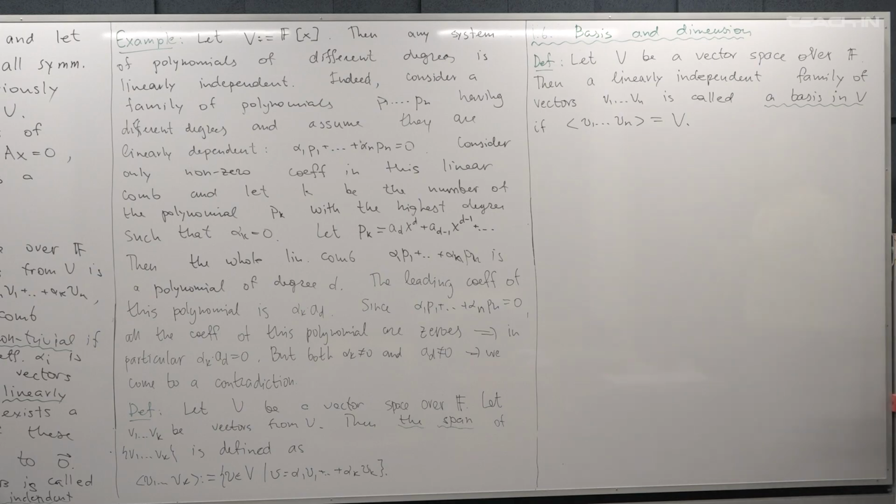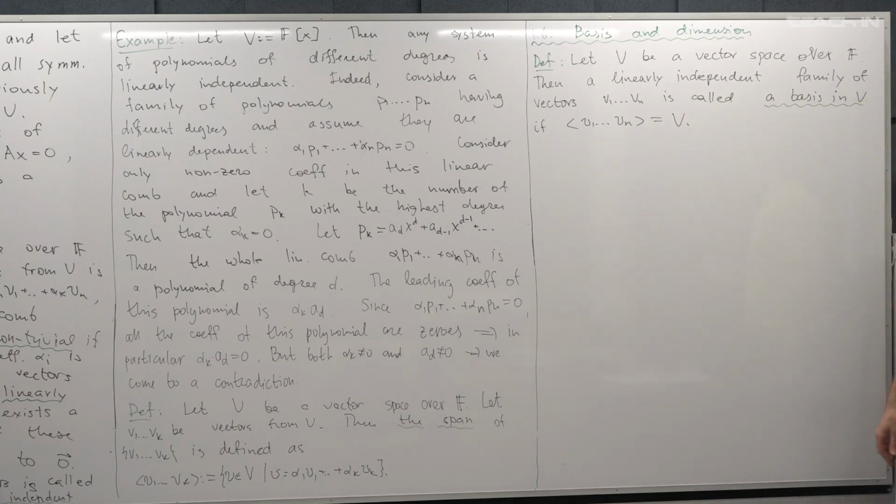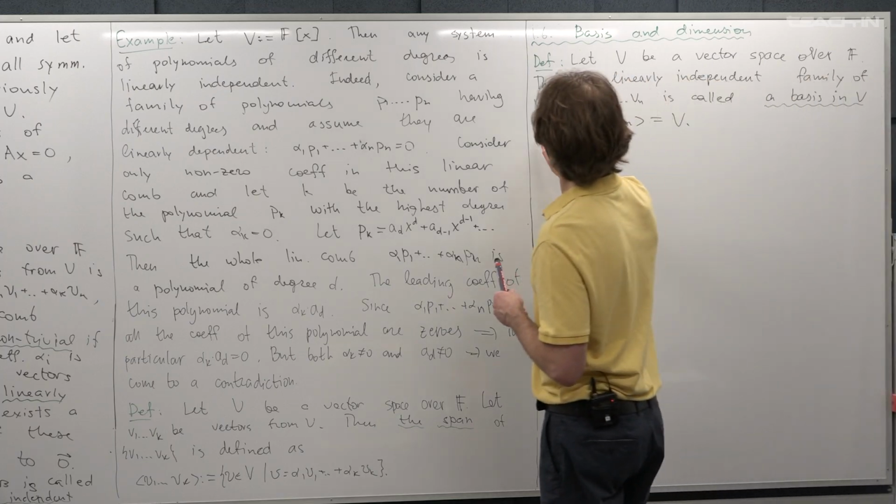So this space is just the set of all linear combinations of these vectors, and these vectors are linearly independent.